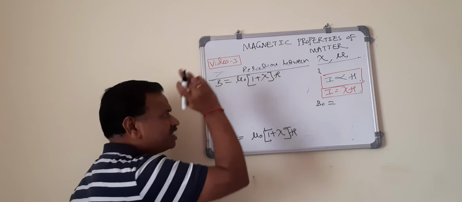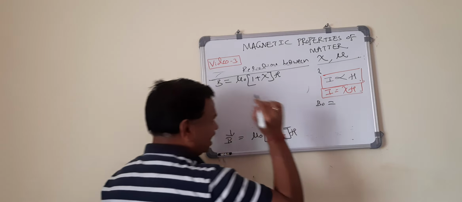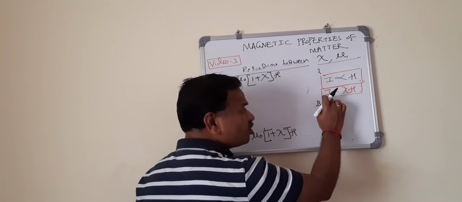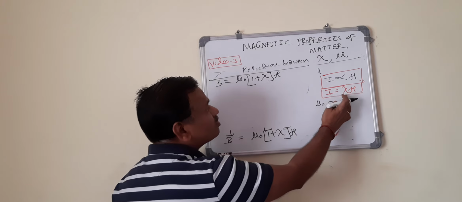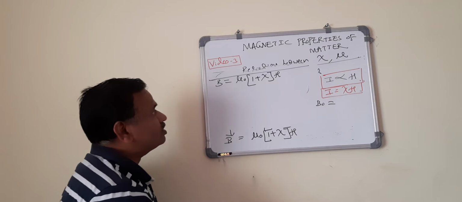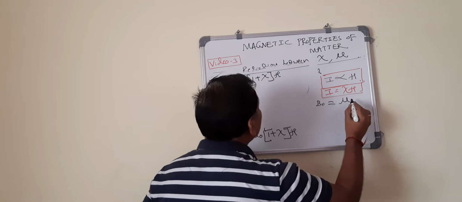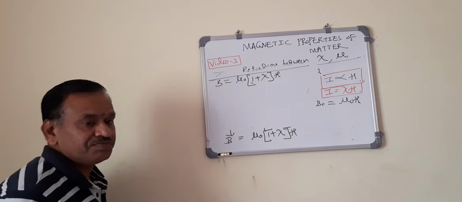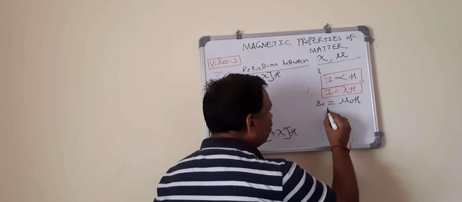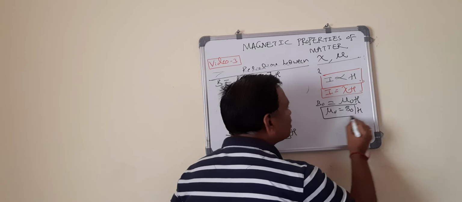There is no medium. When there is no medium, I equals 0; susceptibility equals 0, then I is also 0. Then only this factor remains: mu naught into H, or mu naught equals B naught divided by H.